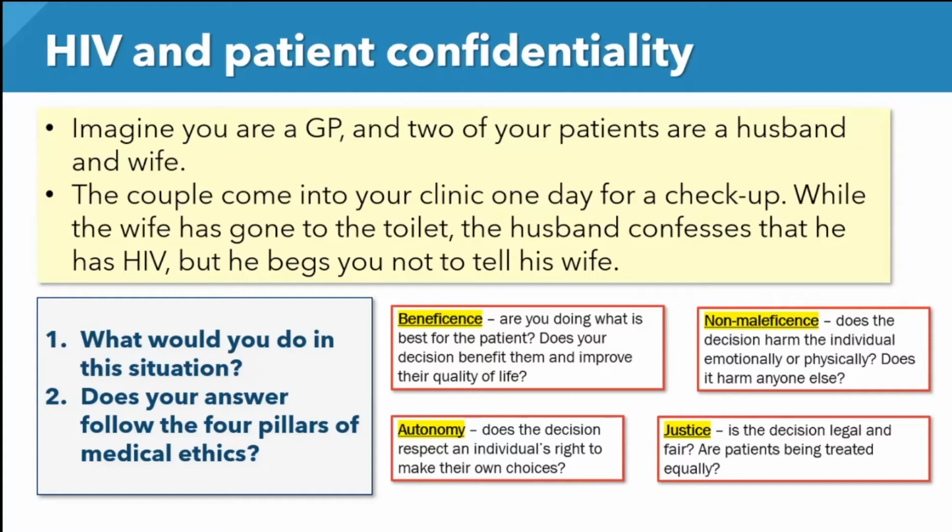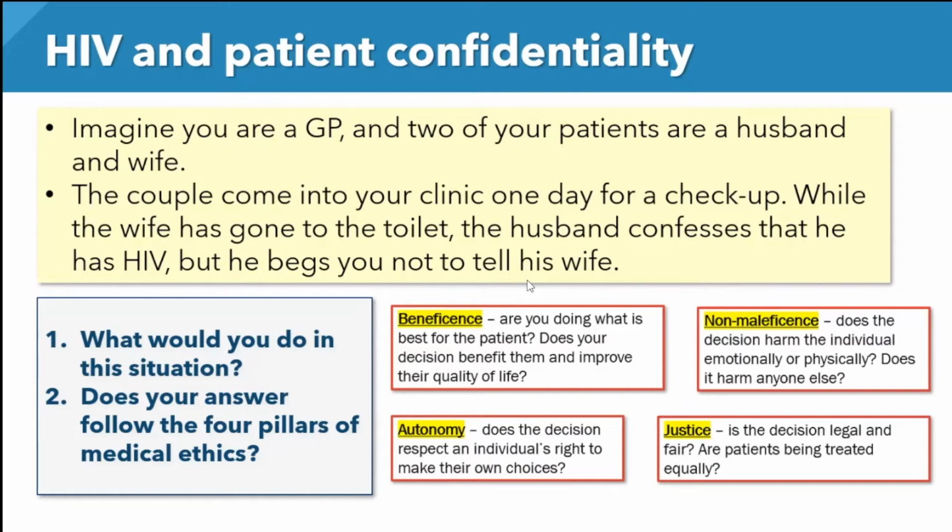Yeah, I completely understand. And justice is to do with treating patients equally. In this case, you could argue that you're not treating both patients equally because you're protecting the health of one whilst not protecting the health of the other. And for society as a whole, I'm sure this case isn't isolated.